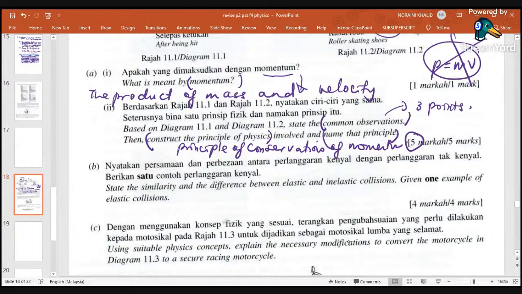So it means total momentum before explosion is equal to total momentum after explosion.